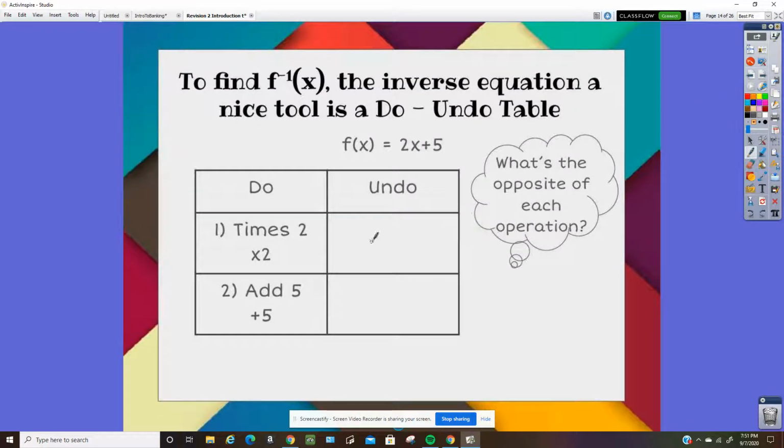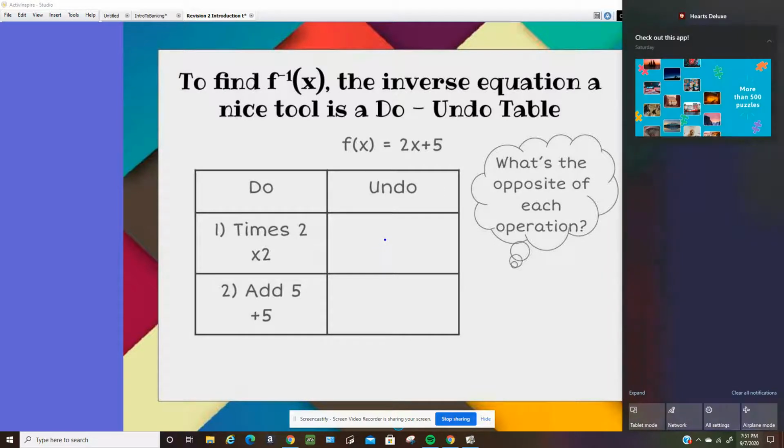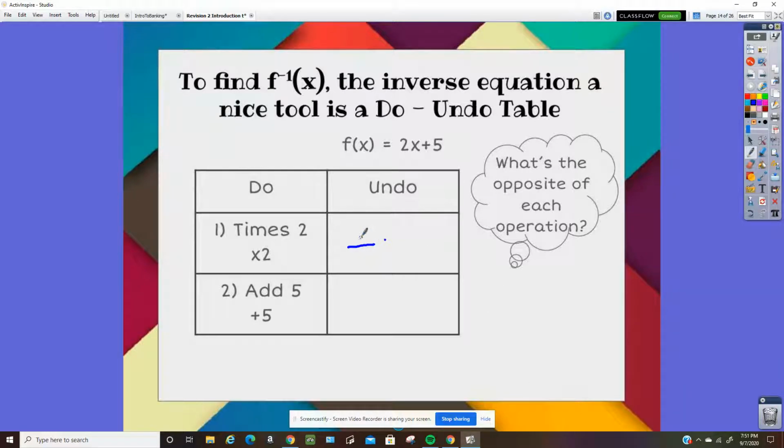All right, so here, if we wanted to do something and then undo it, to undo multiplying by 2, you would divide by 2. This is annoying that my tablet is not working, so you write with the mouse again.